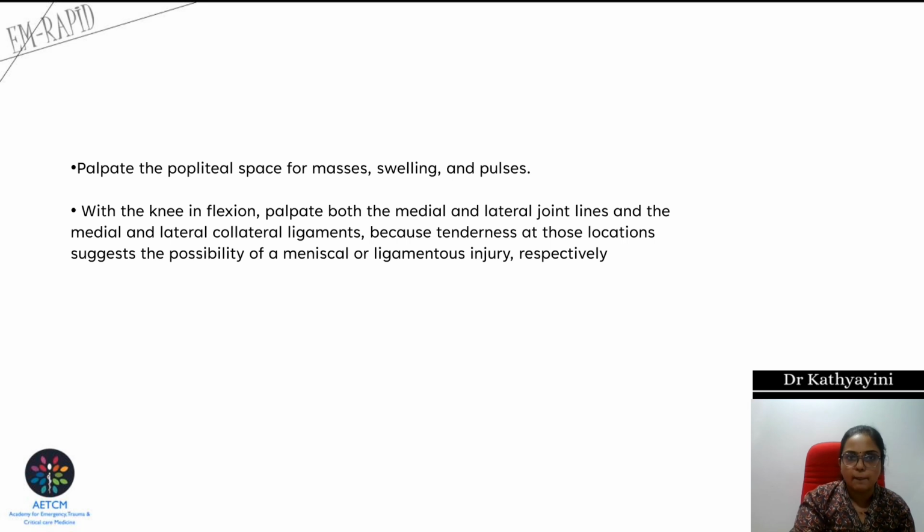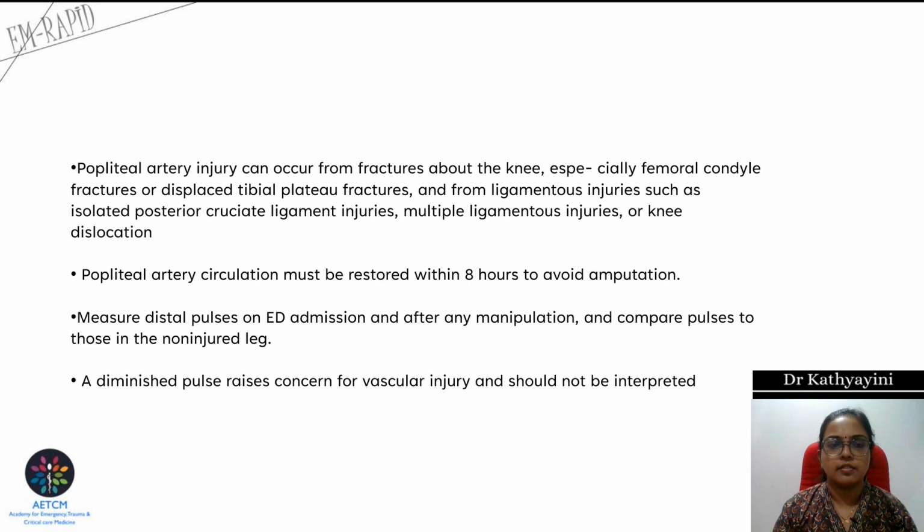So the popliteal space should also be examined. With the knee in flexion, we palpate the medial and lateral joint line and the medial and lateral collateral ligaments, because tenderness at those locations suggests the possibility of a meniscal or ligamentous injury.